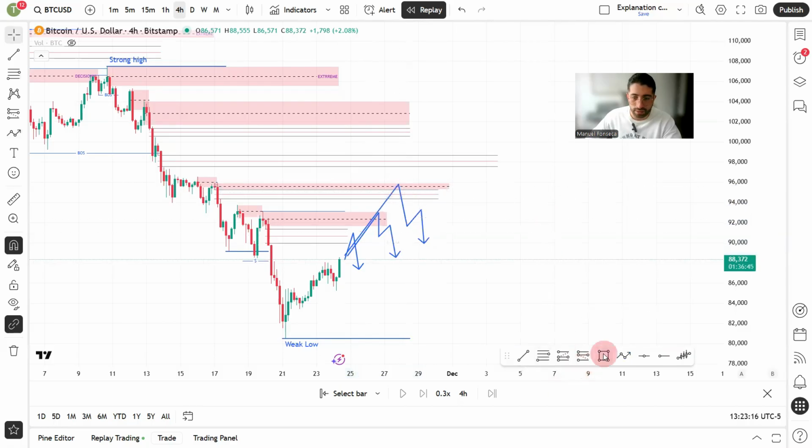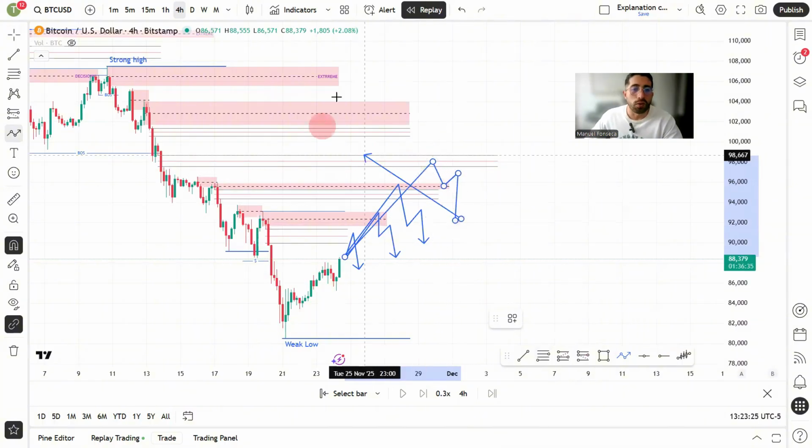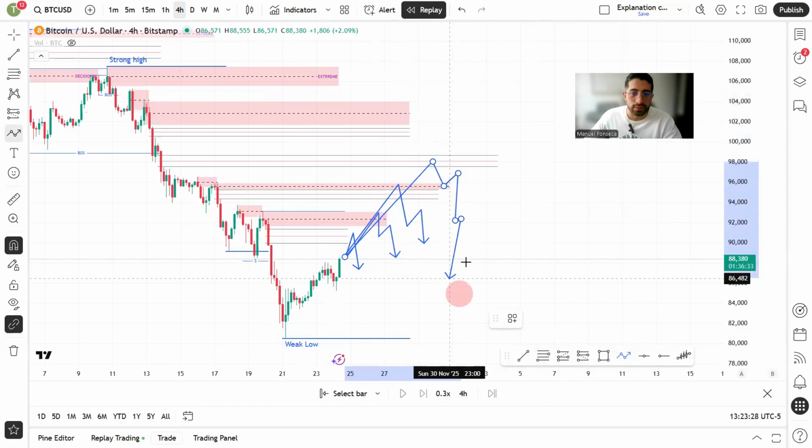Perfect, right? Or you can just wait and execute this imbalance, or this one, right? It just depends on that, right?